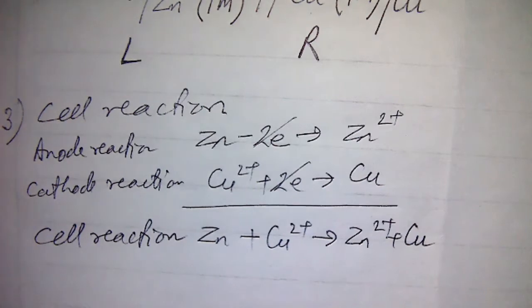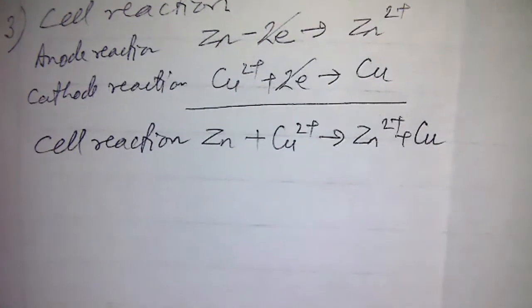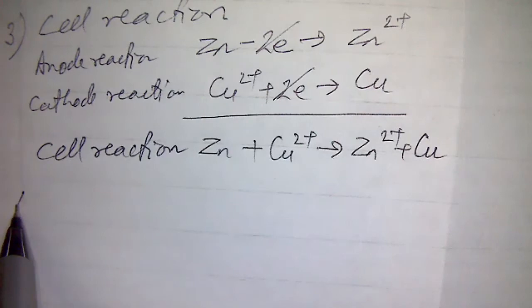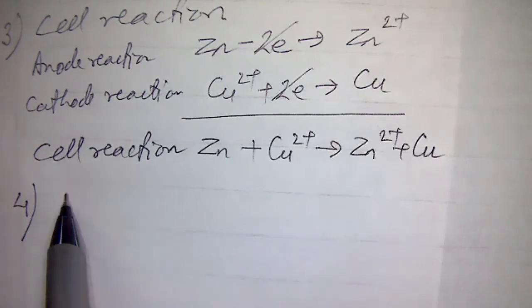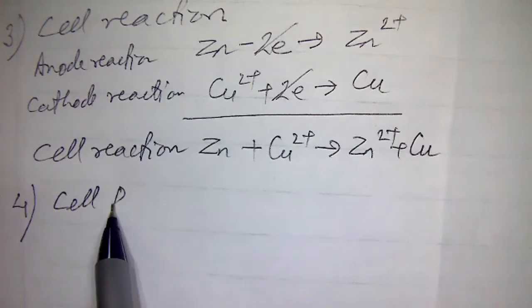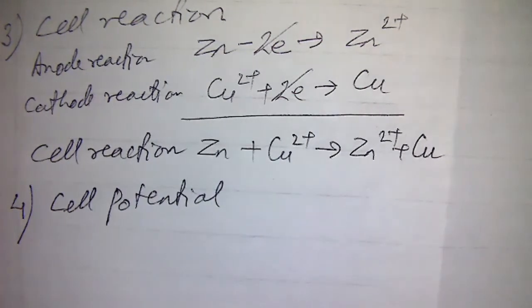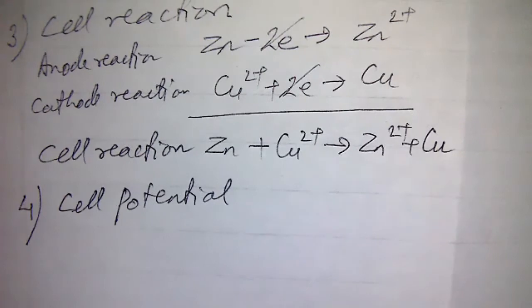Then finally, what was asked? If I write down number 4, what was it? The cell potential. So how to get the cell potential? You know your formula.